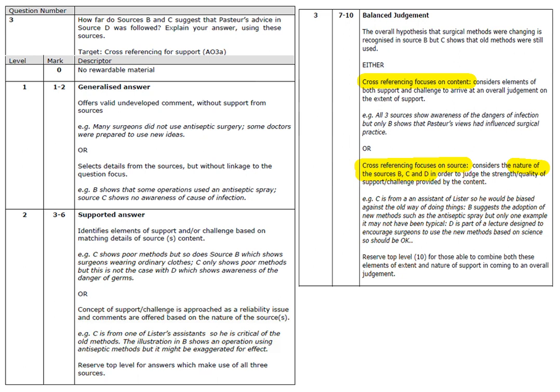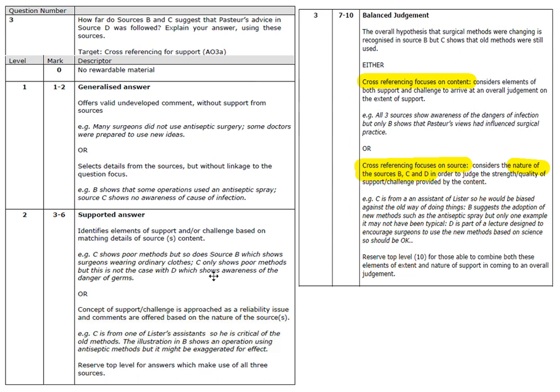So you can either examine the content of what's said in the sources and compare them, or compare and contrast what the nature of the sources are to judge how far they agree or disagree. The top level answers actually provide evidence of both.